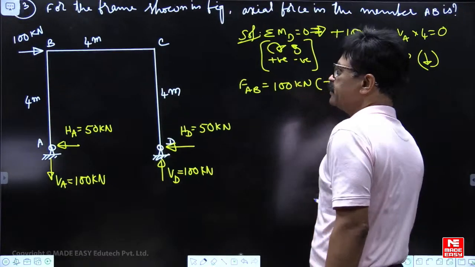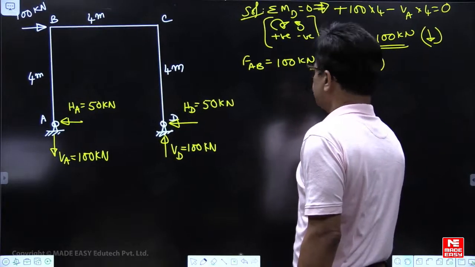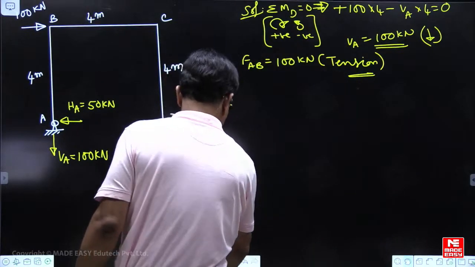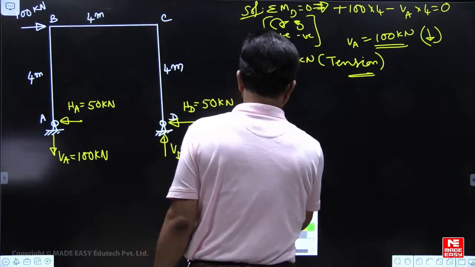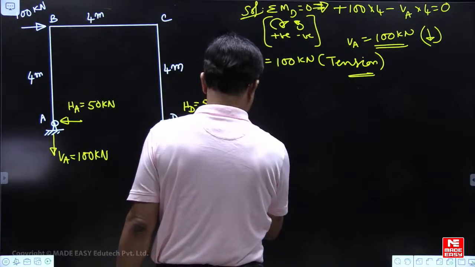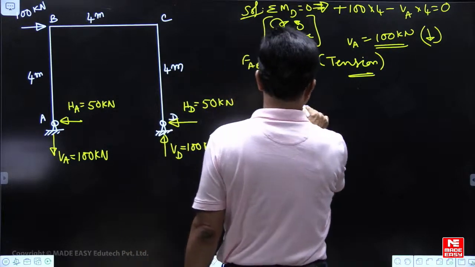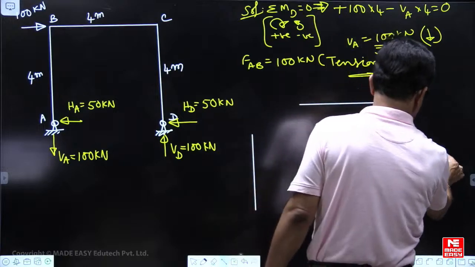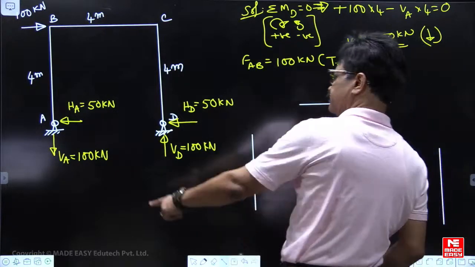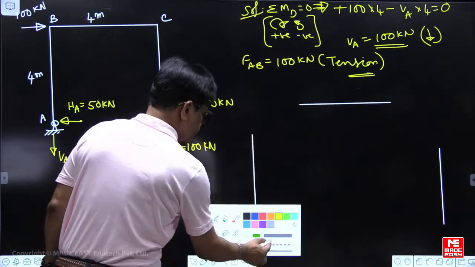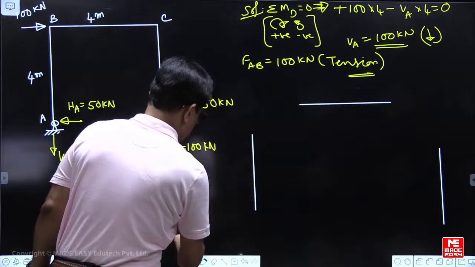Now if you want to get the complete picture, you will get something like this. If you draw the free body diagrams, you can show the three free body diagrams like this. 100 down, that I will show here.